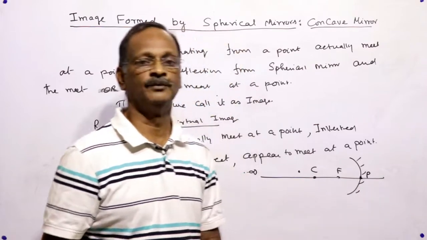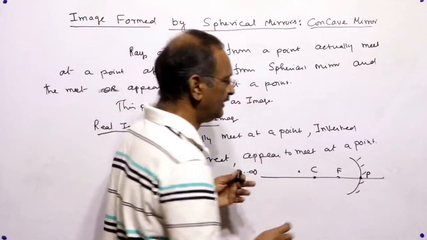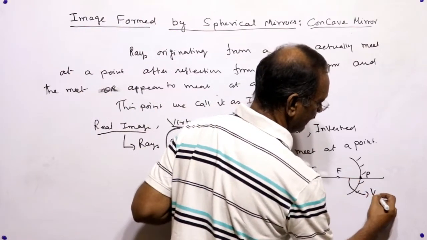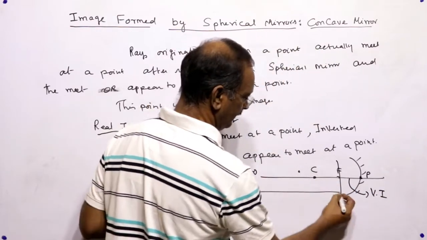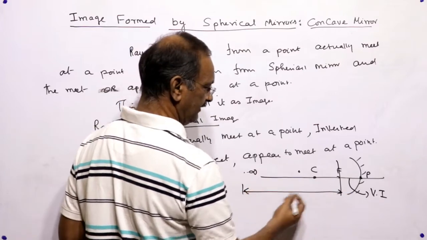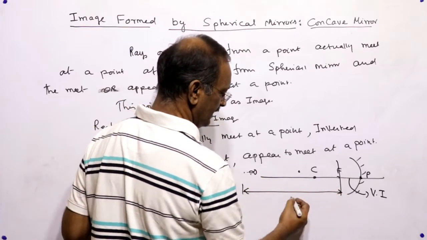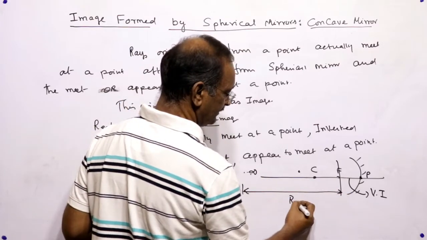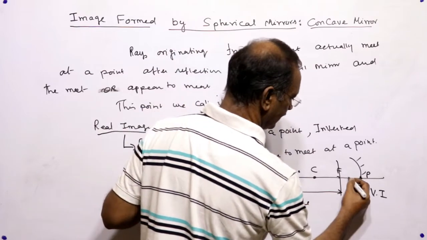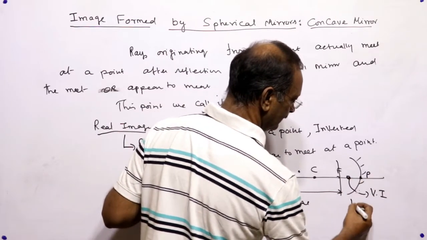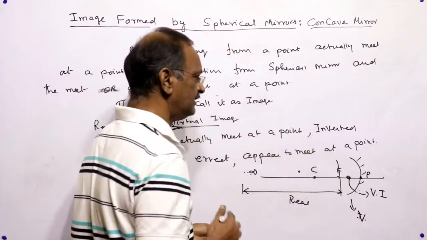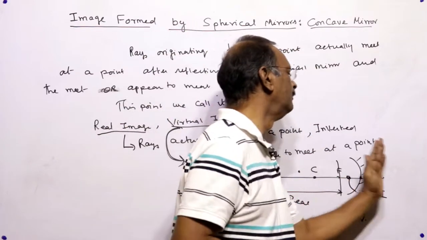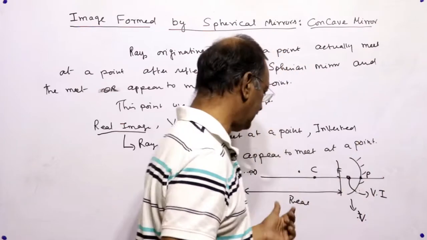In a concave mirror, when the object is kept between focus and the pole, a virtual image is formed. Except this, anywhere between infinity and the focal point, the image obtained is real and inverted. The virtual image is always found beyond the mirror and it will be erect.